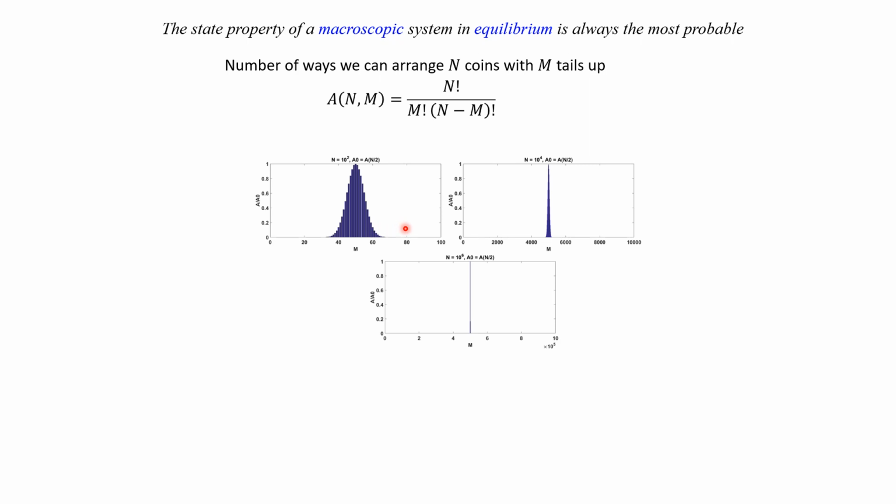So if we make an experiment, if we toss 100 coins and we try to guess the result, are we justified in expecting that it is guaranteed that we're gonna have half of the coins with tails up? In other words, that the most probable energy, which is m equal 50, will be observed?